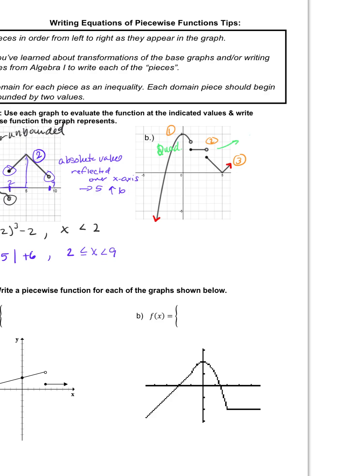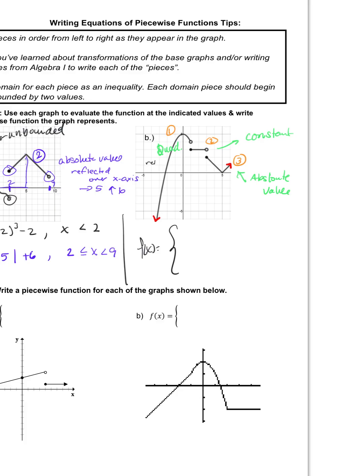This part over here, the second one is a constant. And this one is an absolute value. Okay, so I'm going to write my big f of x. So if my first one's a quadratic, it is reflected.